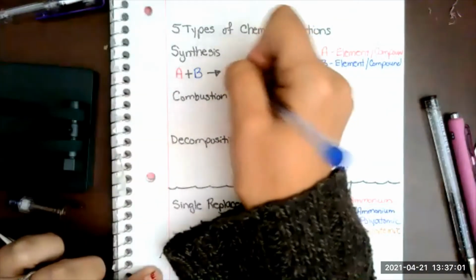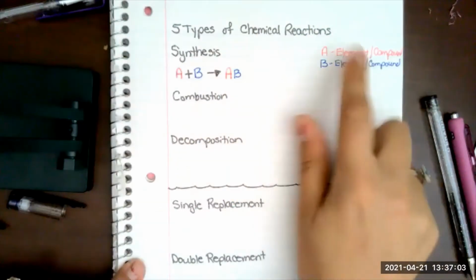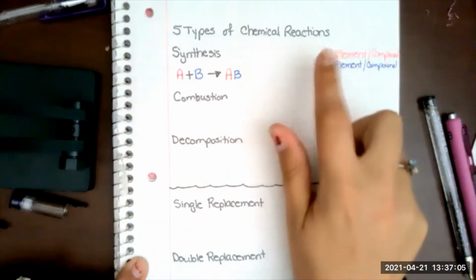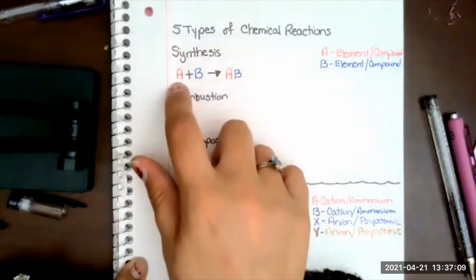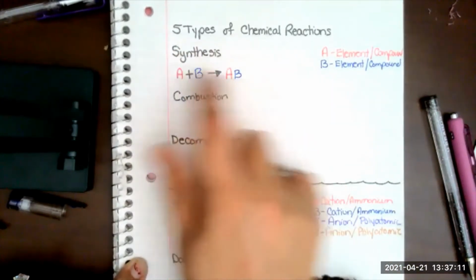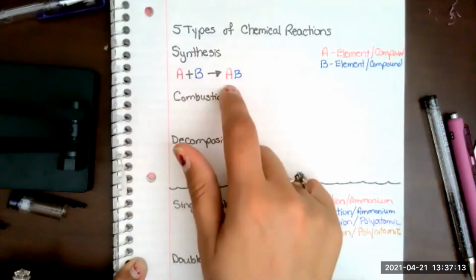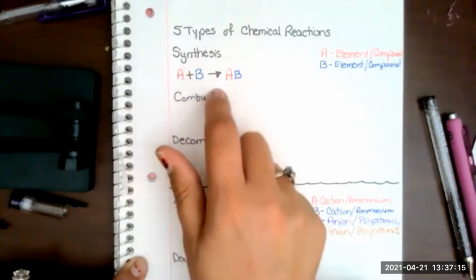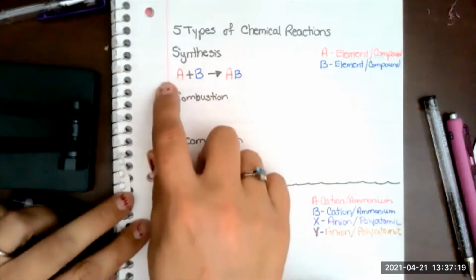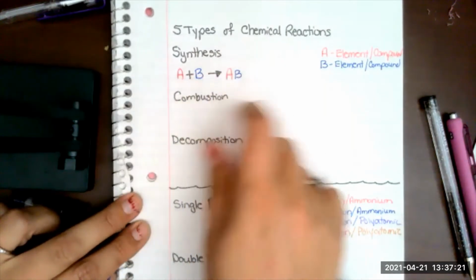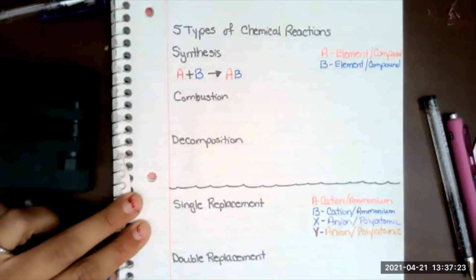And please note on your key over here, A is either an element or compound, and B is an element or compound. So if you're following, element plus element will form a compound, element plus compound will form a bigger compound, and then you can have a compound plus a compound. But it doesn't always have to be two over here. It's basically multiple things turning into one thing is a synthesis reaction.